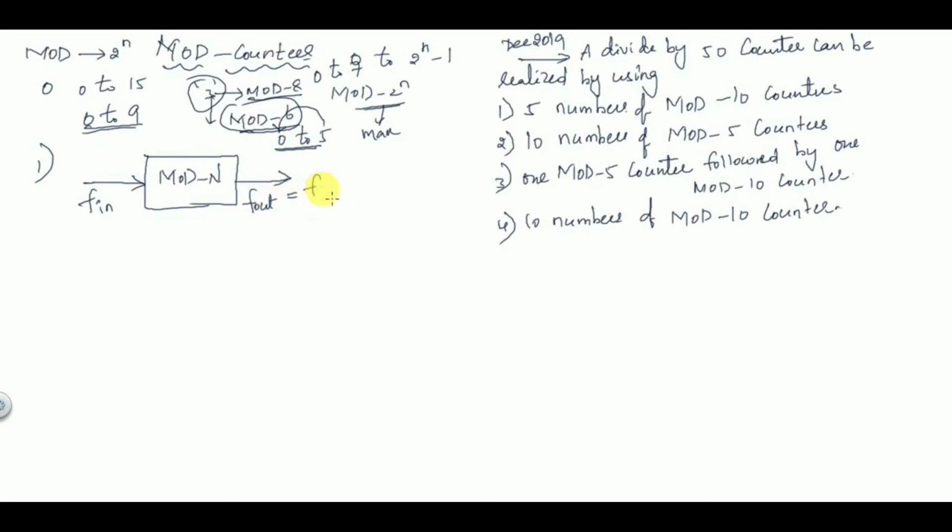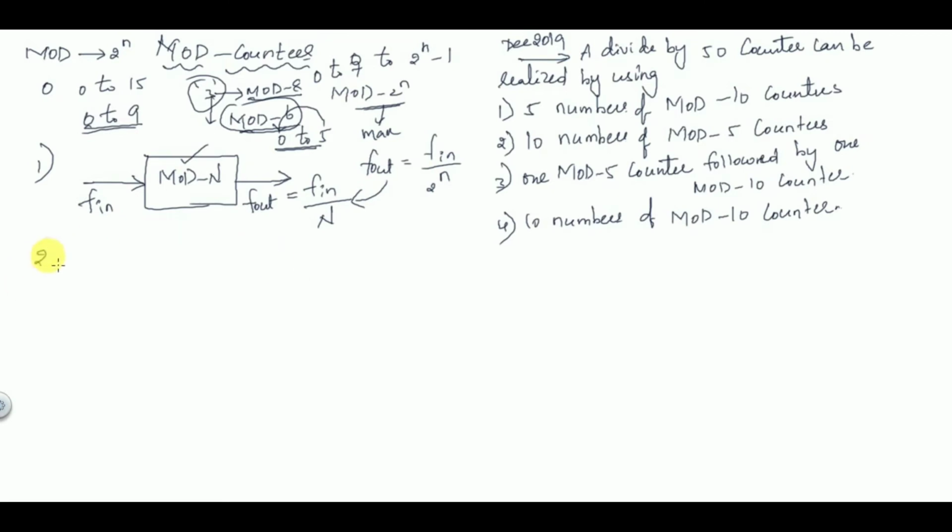Fout is always equal to Fin by n for the case of mod n counters. But in the case of synchronous and asynchronous counters, what is the Fout formula? Fin by 2 power n, where n represents the number of flip-flops. So understand the difference between all the types of counters, don't get confused.